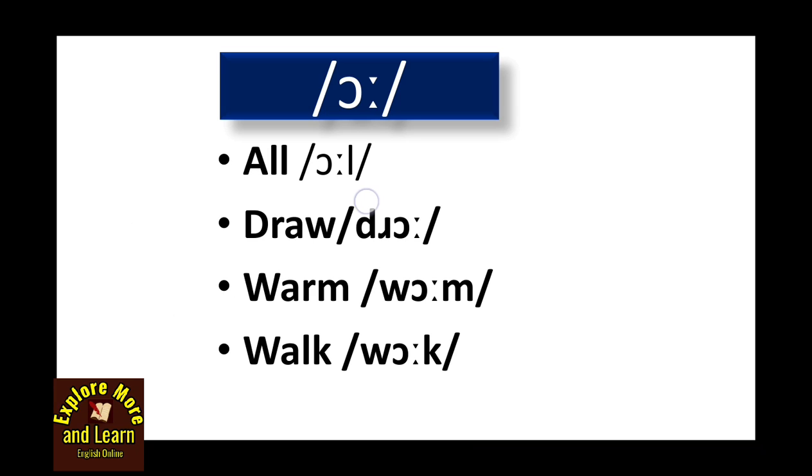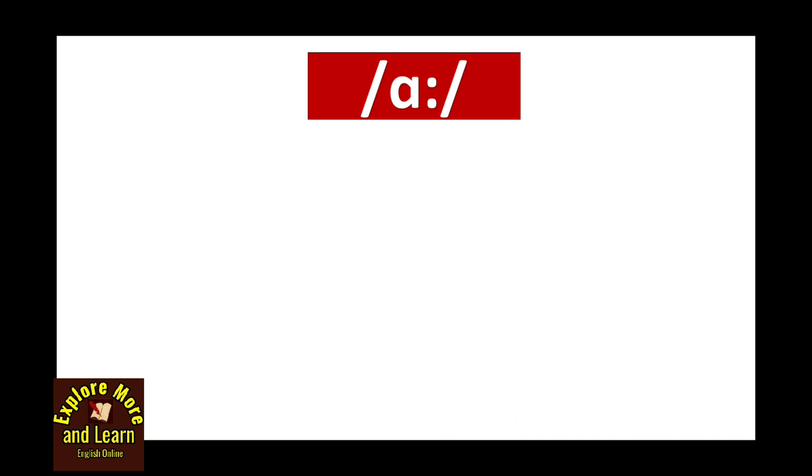So this is the sound which we get by the letter A in all these words. Okay? So you can also collect various other examples, and please write down in the comment section below. Okay? So here in walk, letter L is silent, and this is the sound which we get by the letter A. Okay? So walk.